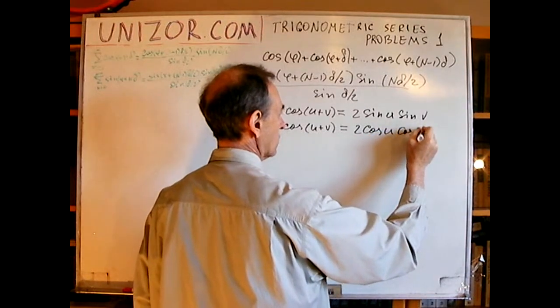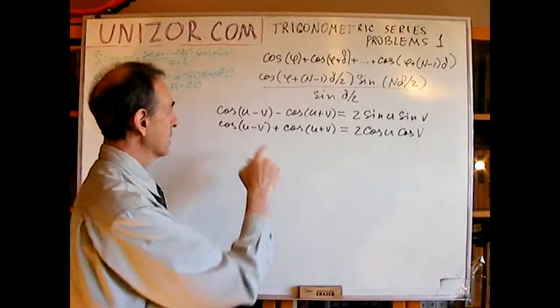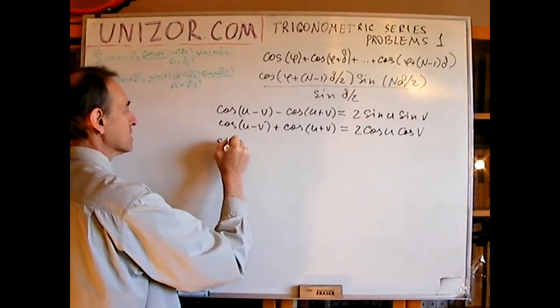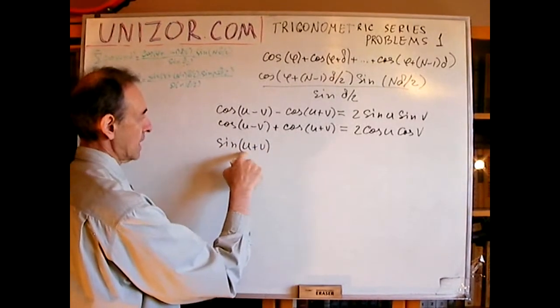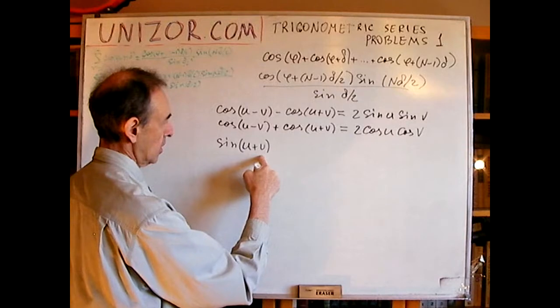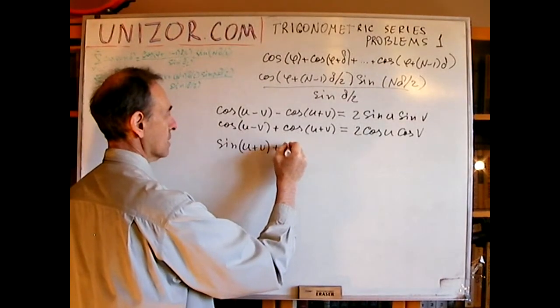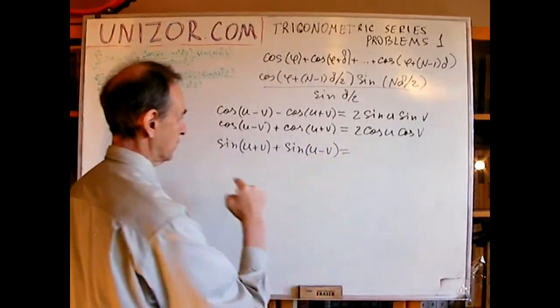Now, if I want to have sine and cosine mixed together, I should work with the sine. Sine of u plus v is sine cosine plus cosine sine, right? Now, if I add sine of u minus v, what will I have?